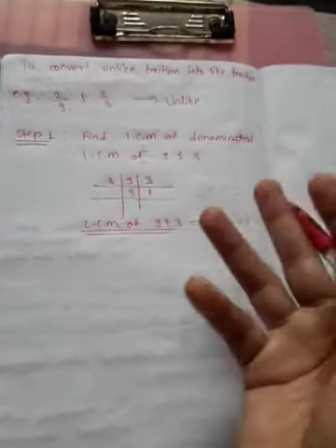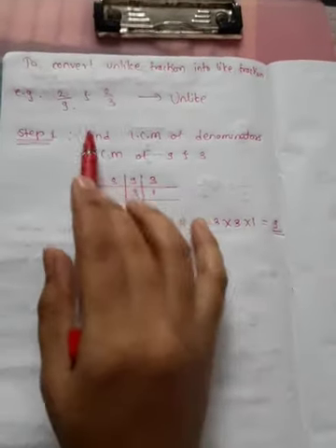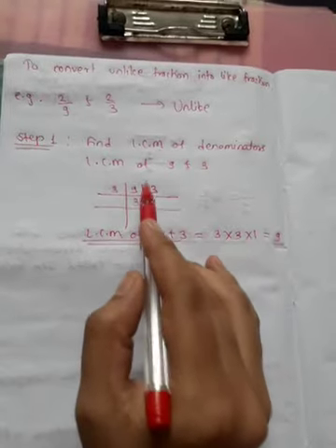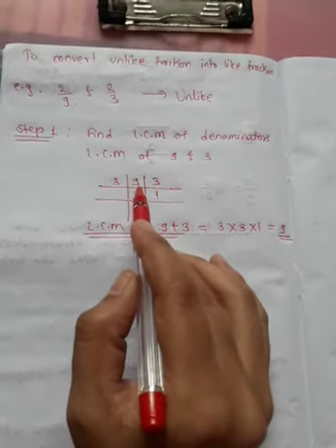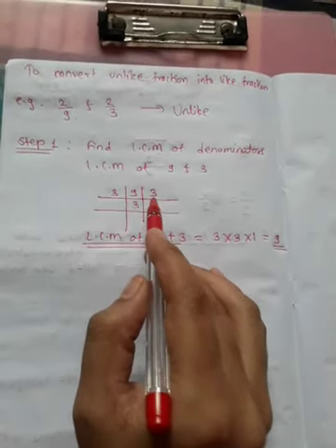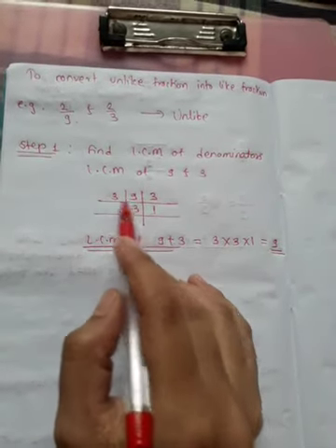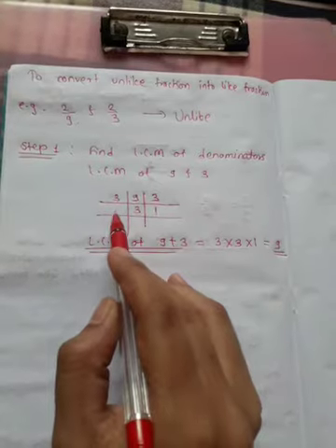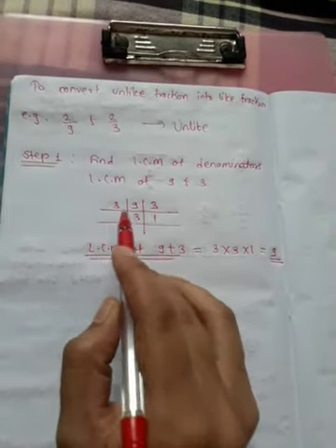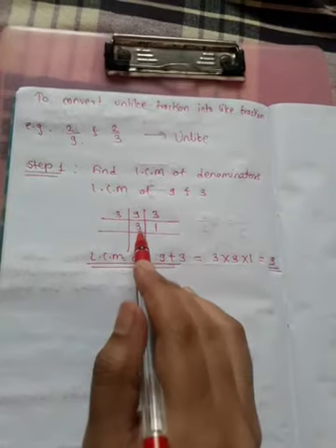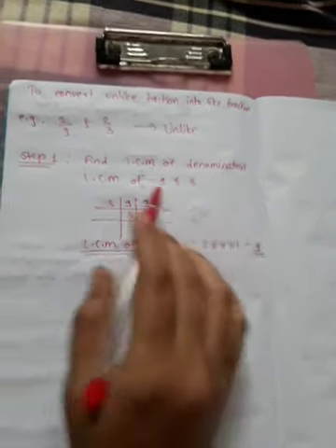While finding the LCM of 9 and 3, make brackets and first find a divisor of 9 and 3. 3 is a divisor, so 3 3s are 9, 3 1s are 3. We can't find any more divisors, so we stop, and LCM of 9 and 3 is 3 into 3 into 1, that is 9.